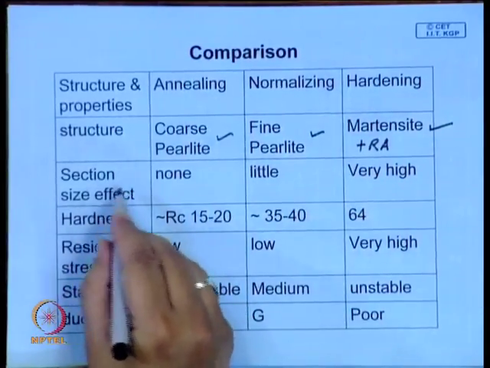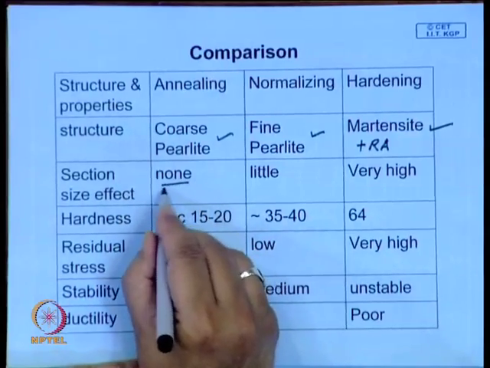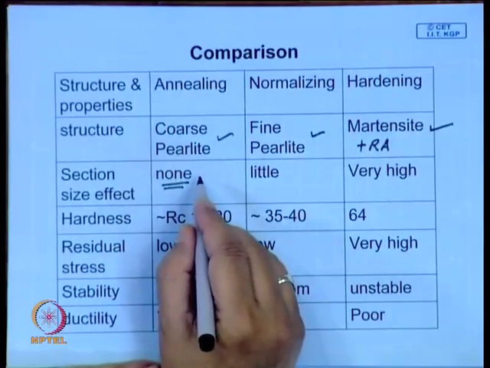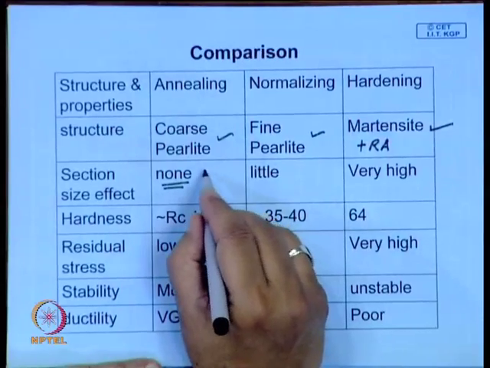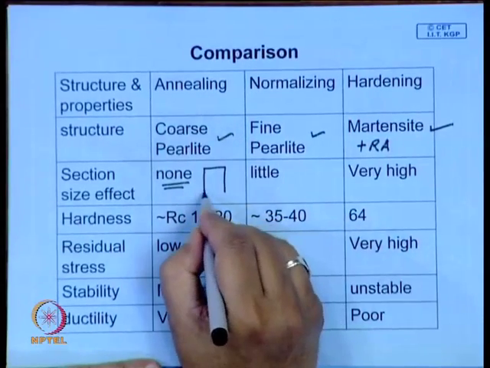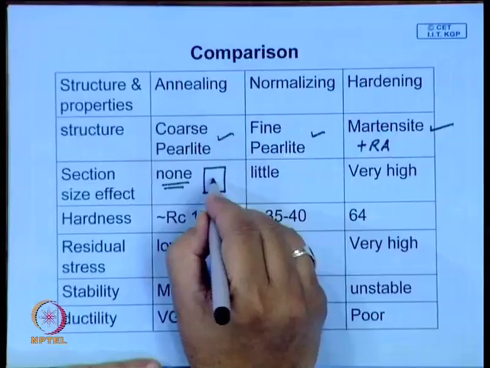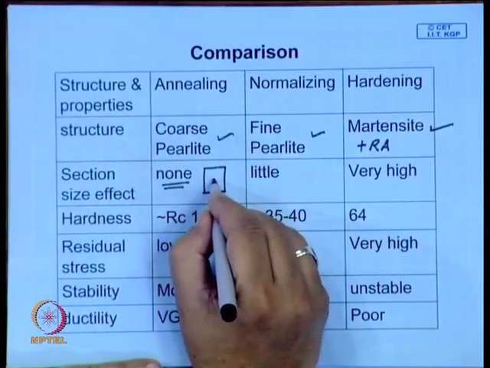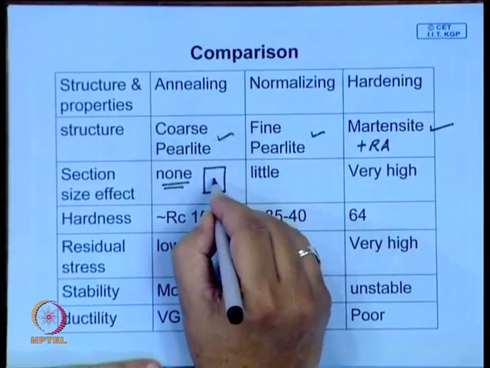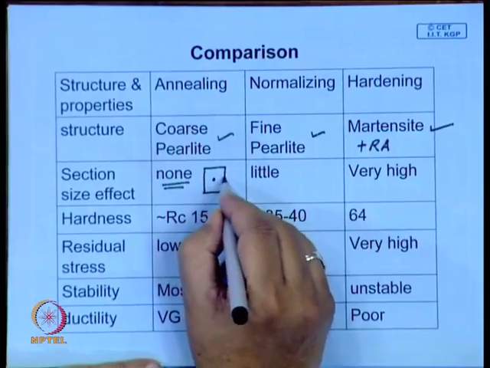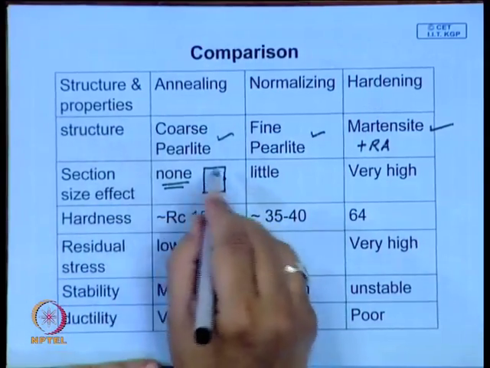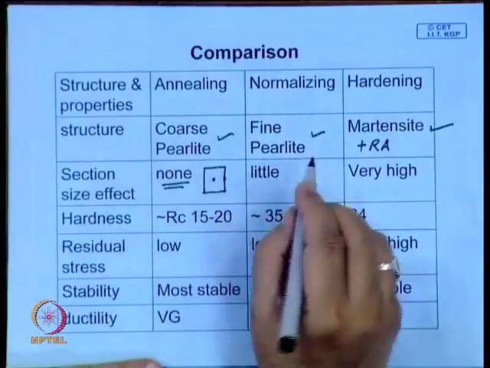Now, the section size effect. Since you are cooling at a very slow rate in annealing, if you have a job, which will always have a dimension, the temperature difference between the center and the surface will be very little. So, here we do not expect much of a section size effect.